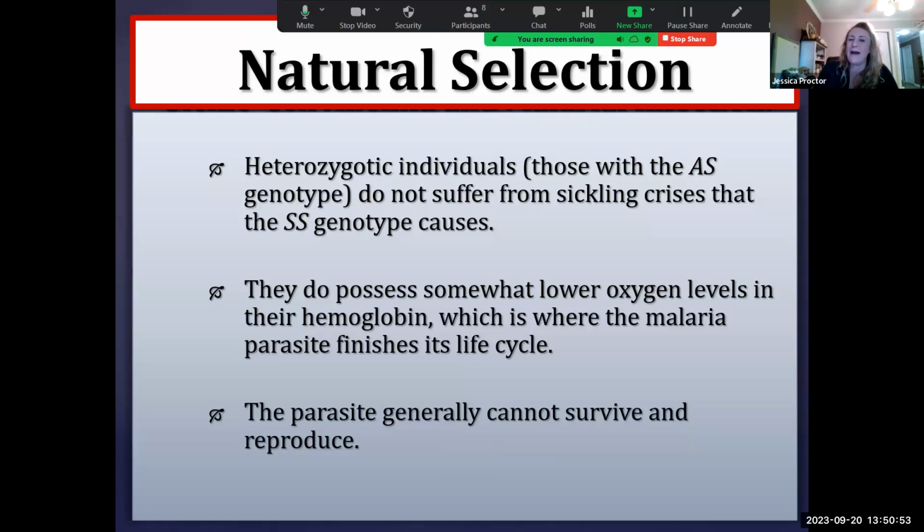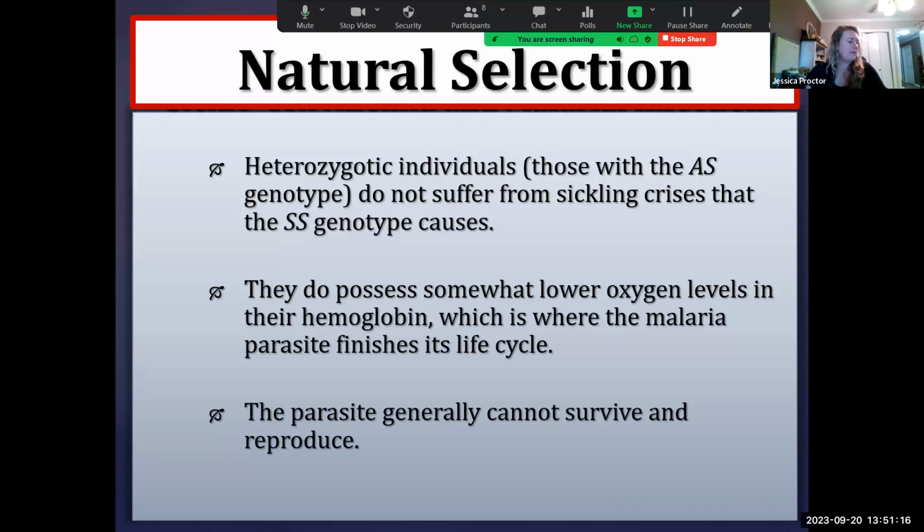So those that are heterozygous, we call this the heterozygote advantage. Those that are heterozygous with the AS genotype don't have the negative impact of sickle cell anemia because their oxygen levels are not low enough to impact them drastically. But their oxygen levels are low enough in the hemoglobin that it will impact the malarial parasite.